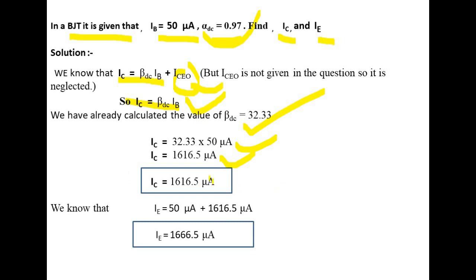We know that IE equals IB plus IC, so putting these two values, IE is equal to IB as 50 microampere and IC we have just calculated, so we have got IE as 1666.5 microampere.